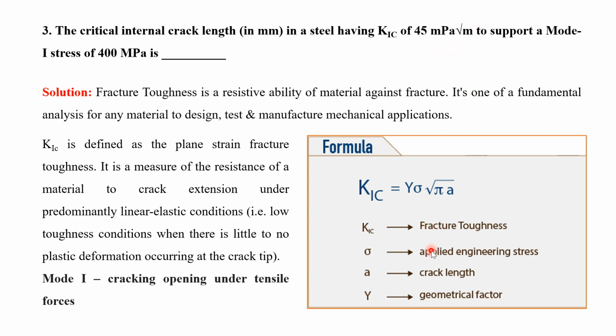And based on that, you have to find the value of A. So can you please try to solve this question based on this equation? This will be the equation that you have to use, and this is the given info. Sigma is given to you and K1C itself is given to you, that is 45 MPa root m. So you have to equate them and find the value of A.